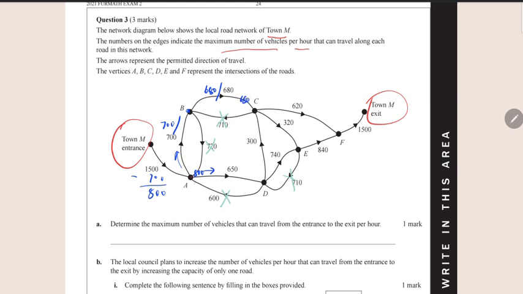And so 680 reaches the intersection at point C. Now, if 800 can take off from intersection A, it's only 650 that can go through this particular edge and reaches here.